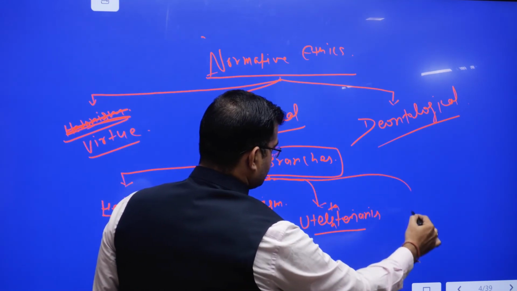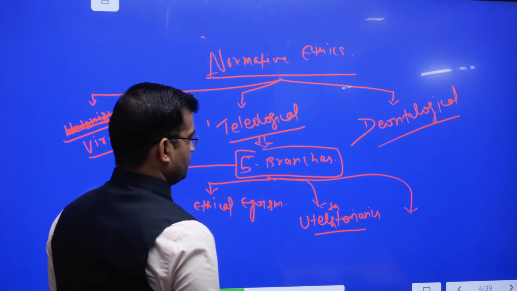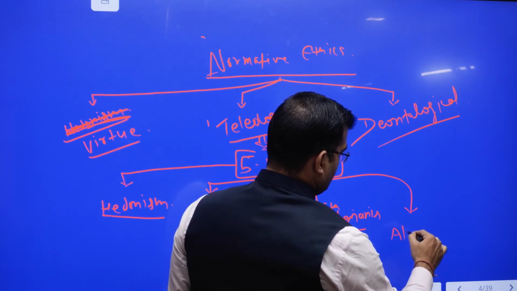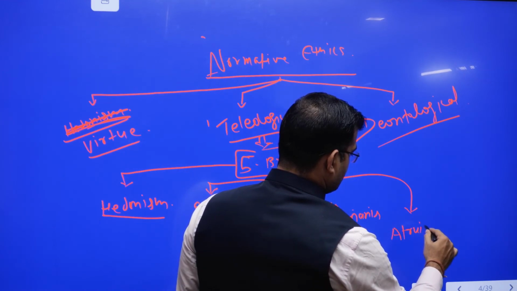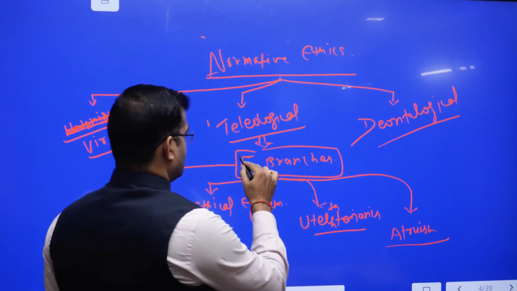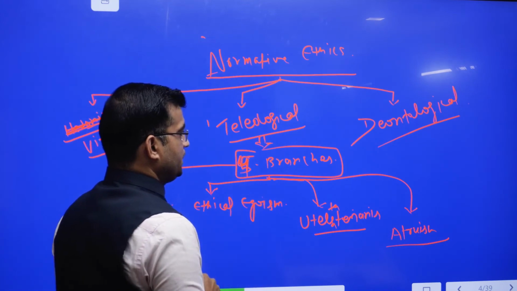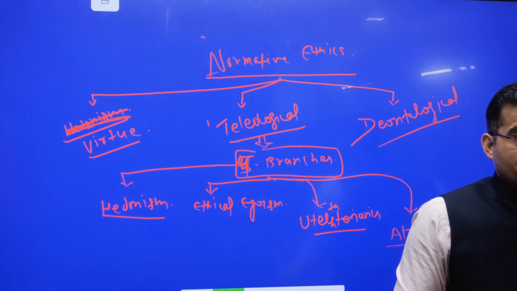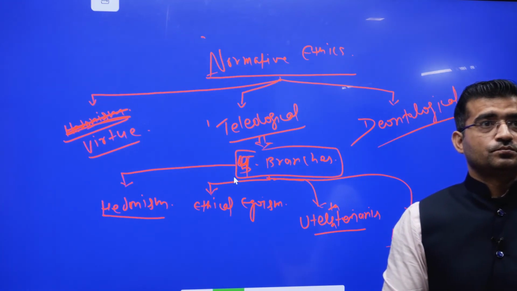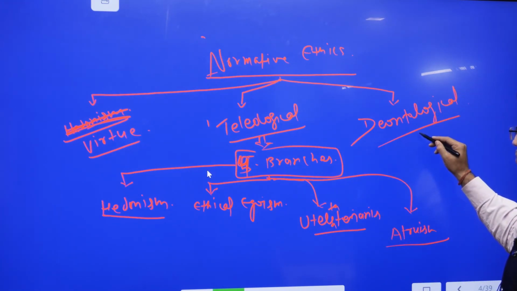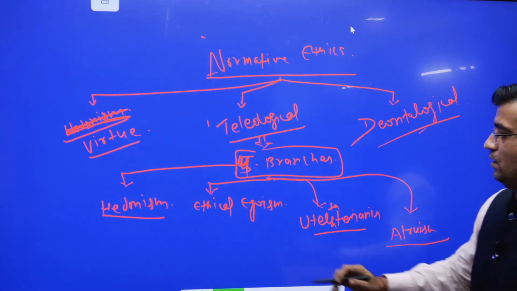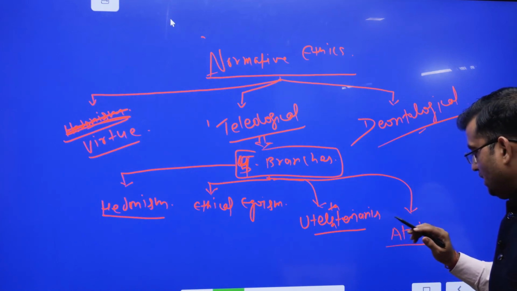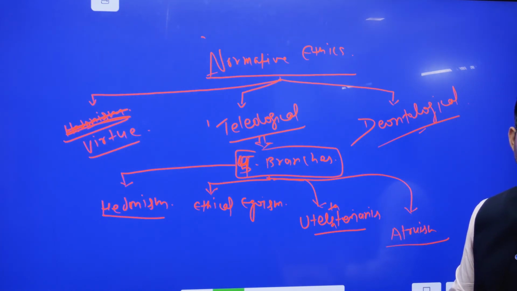And fourth one is altruism. 4 branches actually. And the last one is deontological. Hedonism, ethical egoism, utilitarianism, and altruism.